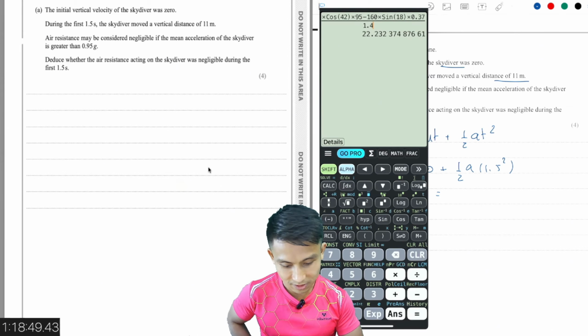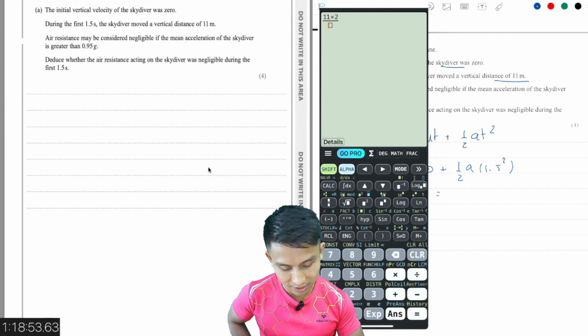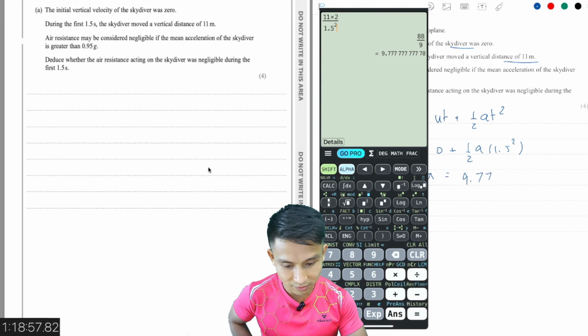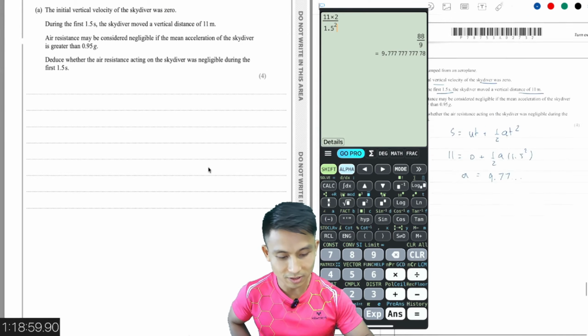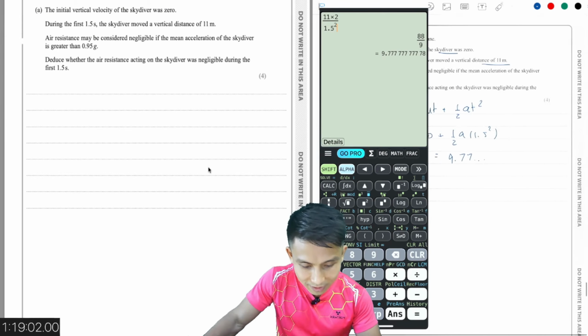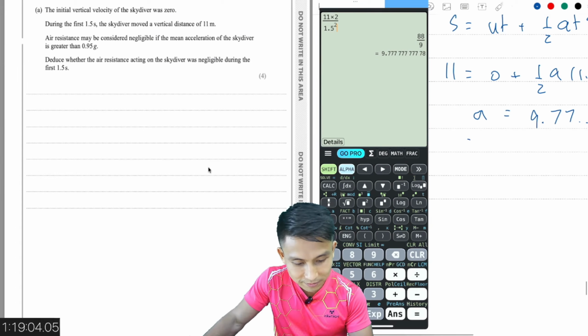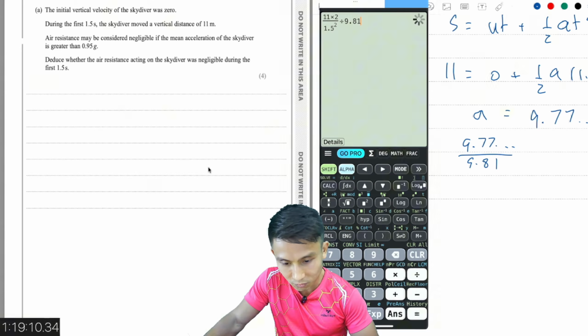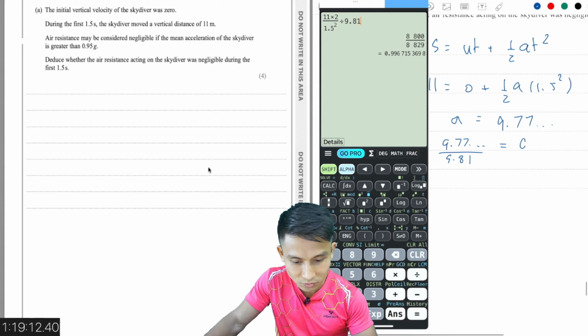So that's 11 times 2 divided by 1.5 squared. That's 9.77. And then if we divide this by 9.81, it is equal to 0.996.